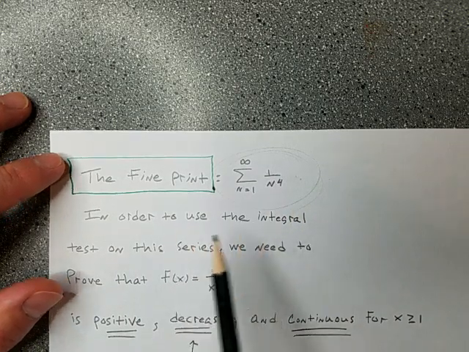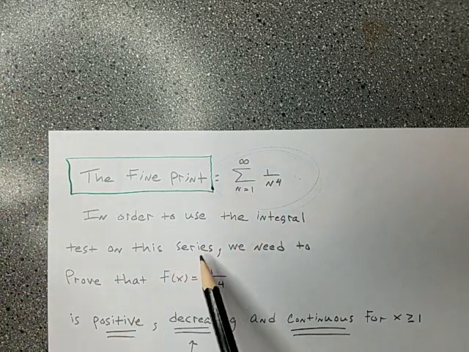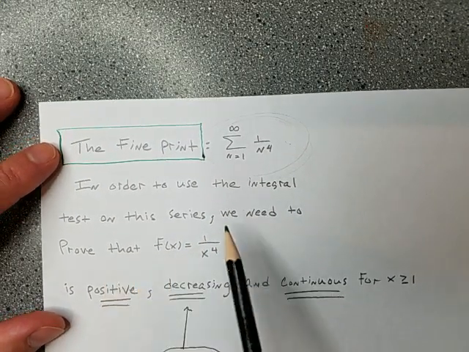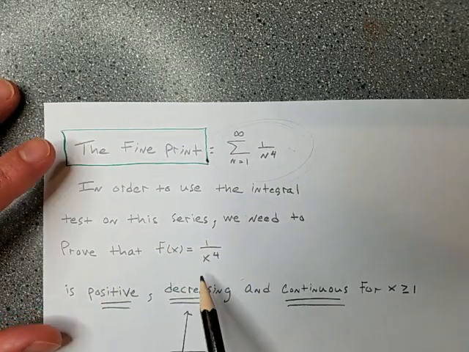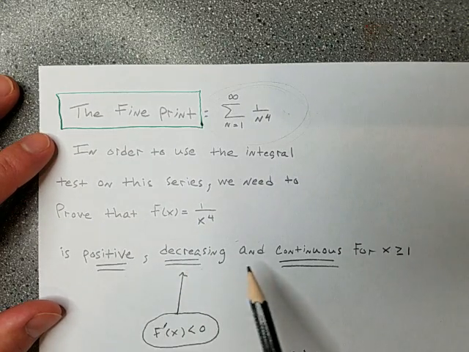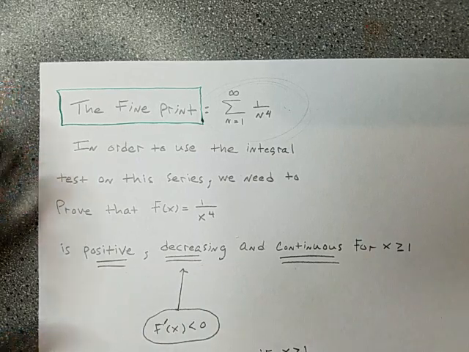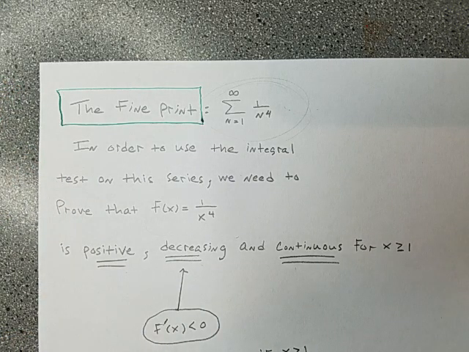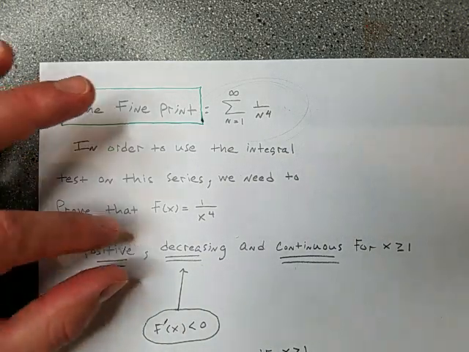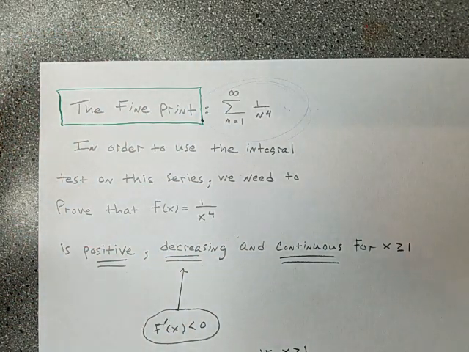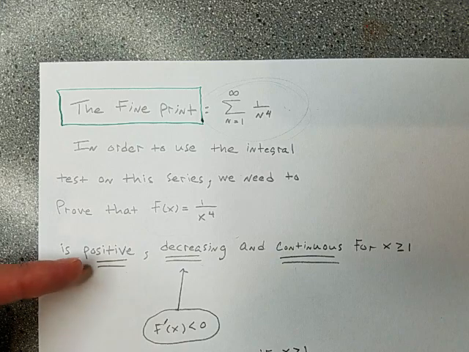In order to use the integral test on this series or any other series, we need to prove that this associated function is positive, decreasing, and continuous for x greater than or equal to 1. I didn't do that on every example, but really these three things have to be established in order to use the integral test, okay? I took it for granted on the problems that I showed you just to show you the integral test, but now I want to talk about those three things.